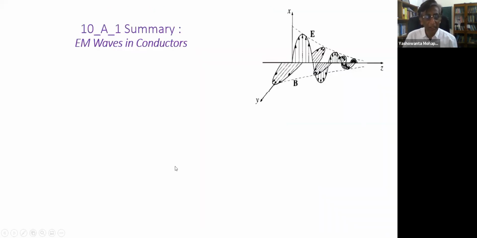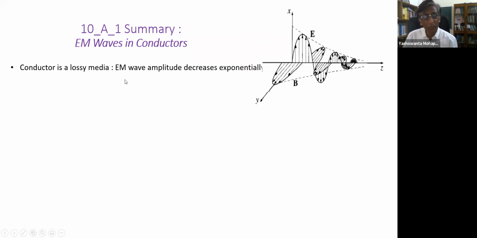So in summary, we have discussed EM waves in conductors. This slide summarizes everything that we want to say about EM waves in conductors. A conductor is a lossy medium, and the EM wave amplitude decreases exponentially.